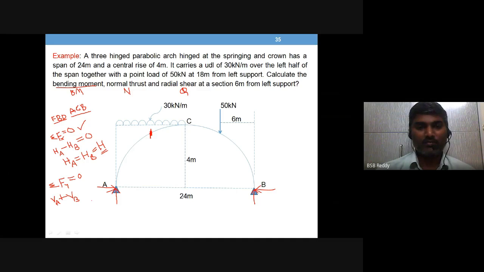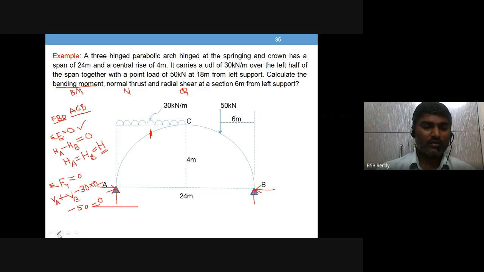So I take upward plus, then minus. What are all downward forces there? So this 30 into 12. So 30 into the span is only 12 meters. And another load is directly the point load, that is 50. Total should be equal to 0.